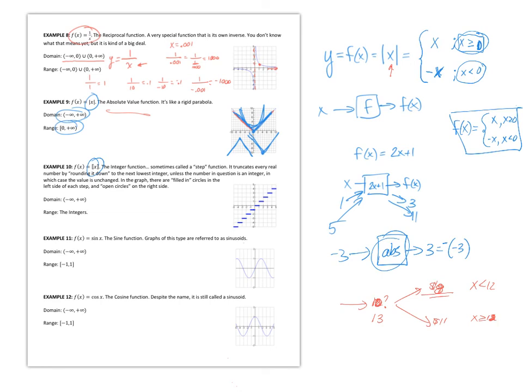What's happening with an integer function is it basically takes any number that you plug into it and rounds it down to the next nearest integer. So for example, integer of 1.312 would just become the number 1. If you had 17.39 and you integer that, it's just going to become 17.